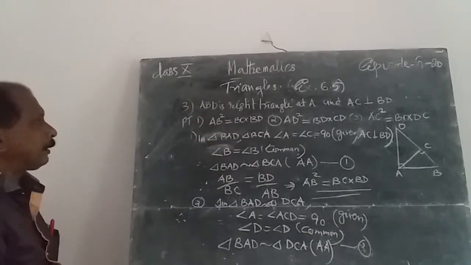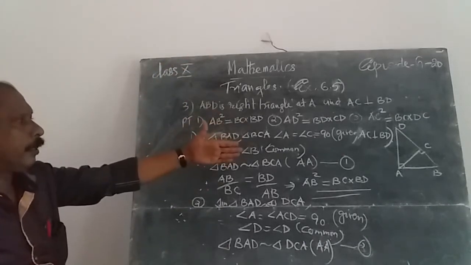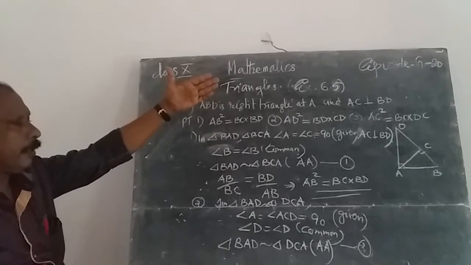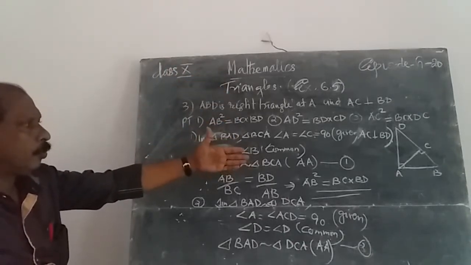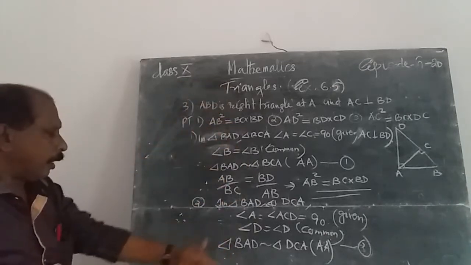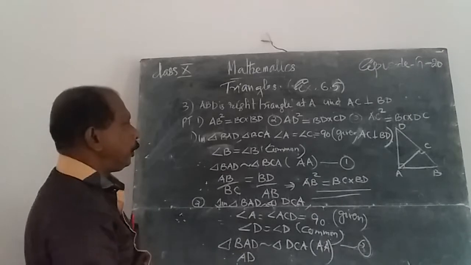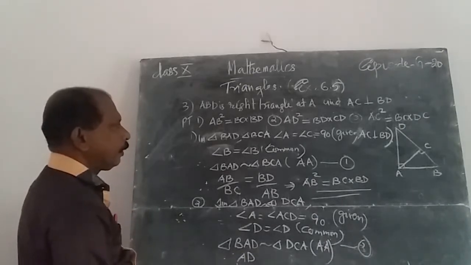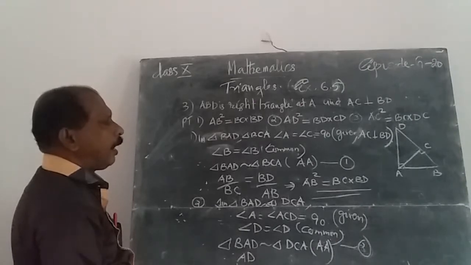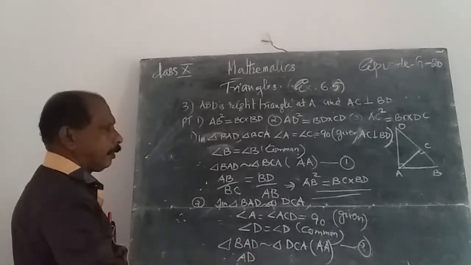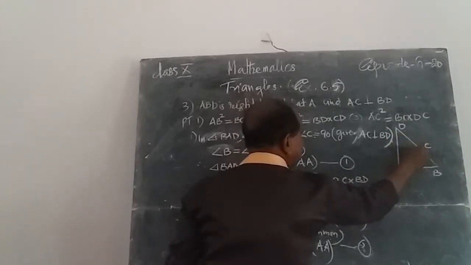Therefore, the corresponding sides are proportional. AD is the altitude of the first triangle, and CD is the altitude of the second triangle, this is the right angle.